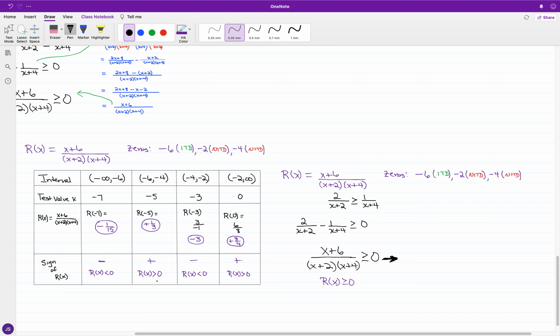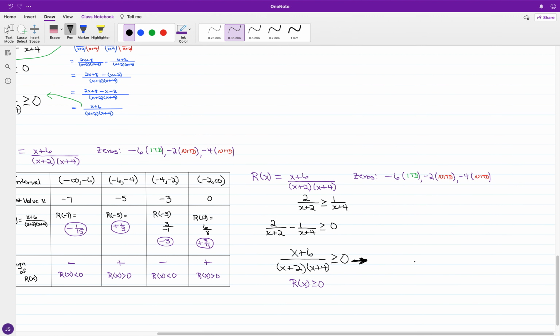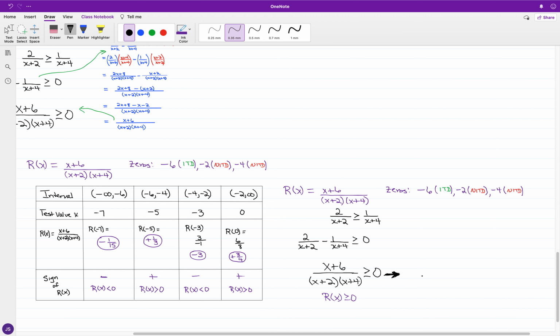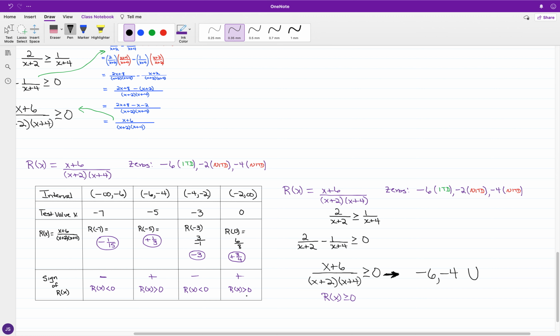So we've got greater than 0 here, and the limit values we have are -6 and -4. Also, r of x is greater than 0, so we have it involving -2 and infinity for the limit values to also group.